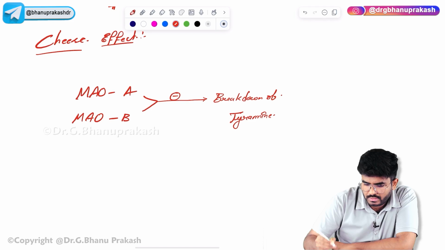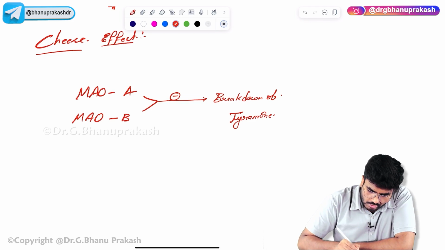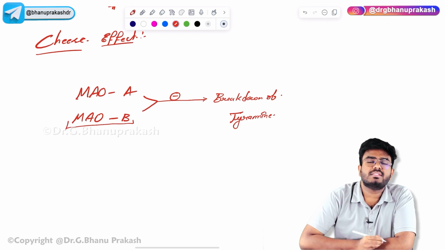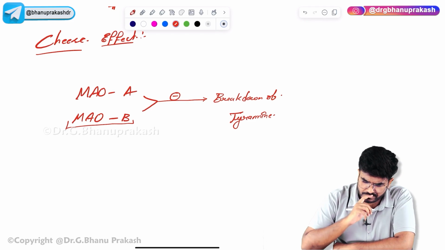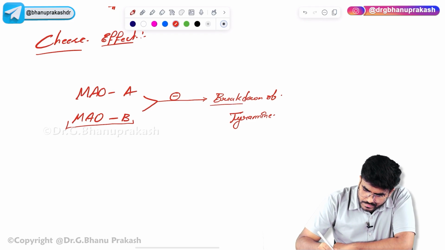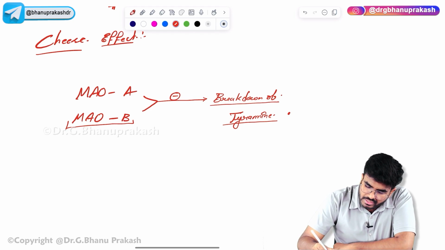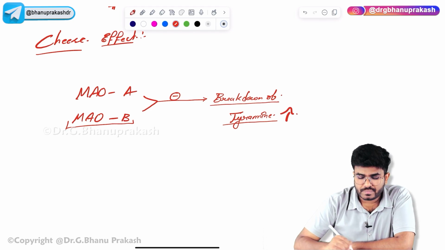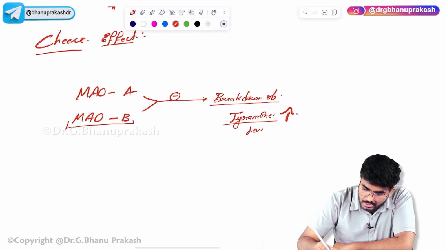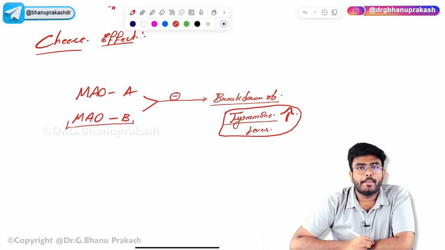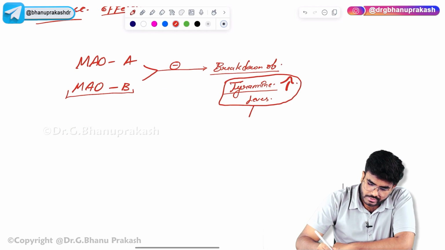So tyramine is not getting broken down now. Now our patient is taking salicylic, that is a MAO-B inhibitor. When he is taking salicylic, there is no breakdown of tyramine. So what happens to tyramine levels? Tyramine levels increase. Now when the tyramine levels are increasing, what happens? This tyramine is going to cause hypertension.